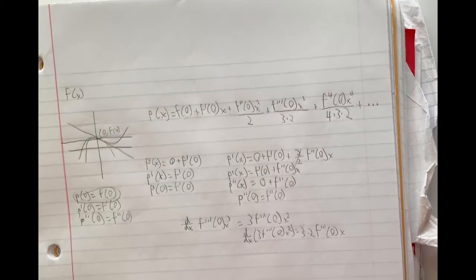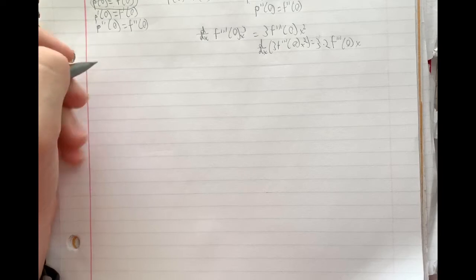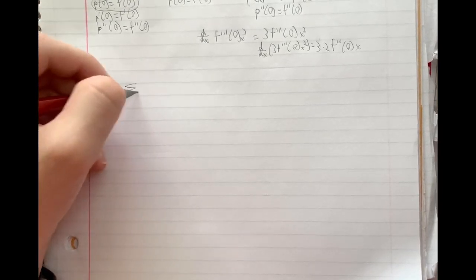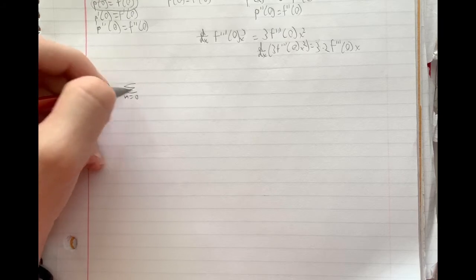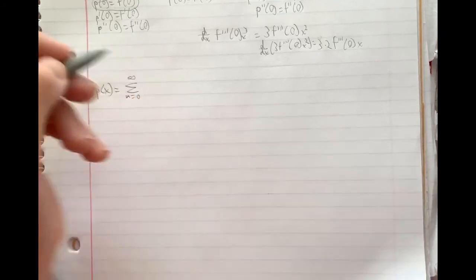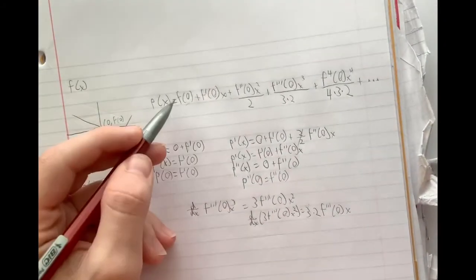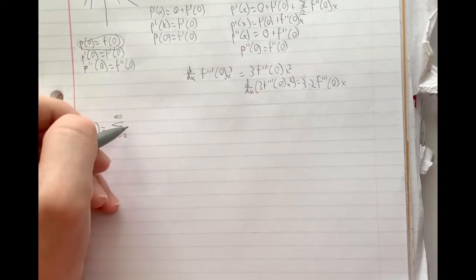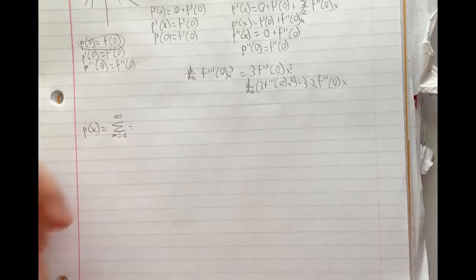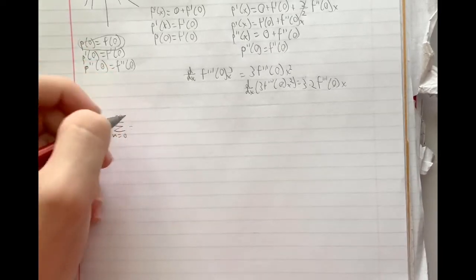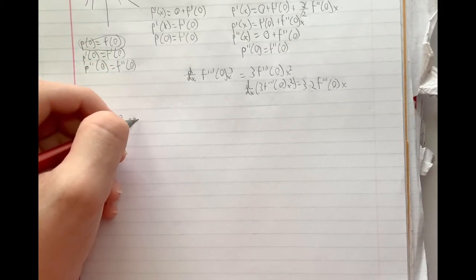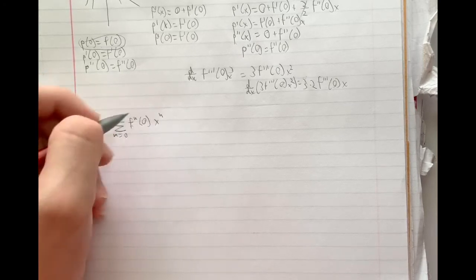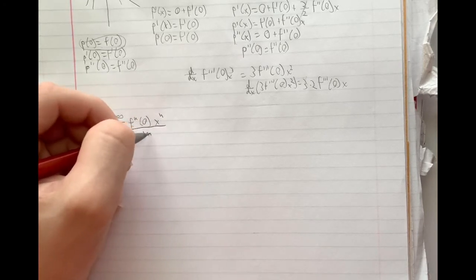So now we have a general formula for this series. P of x is equal to the sum from n equals 0 to infinity of, we're considering this the 0th derivative of f, the nth derivative of f evaluated at 0 times x to the n over n factorial.